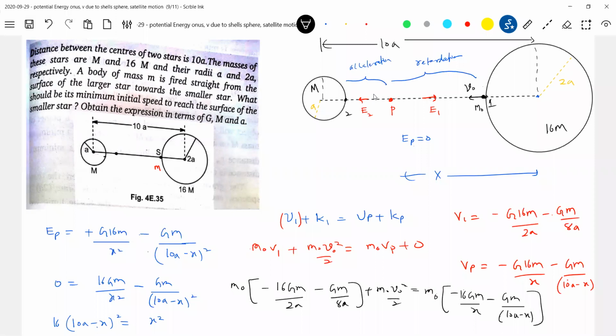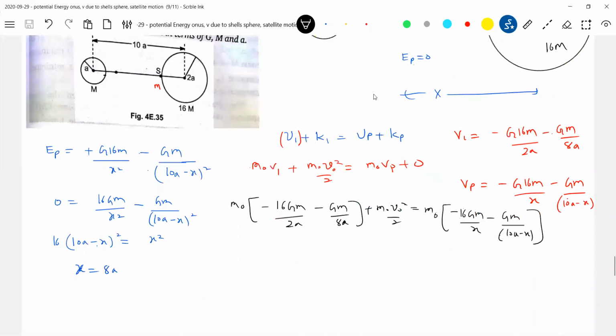I'll give the answer later on, you check it. So there's a use of that potential what we learned. See, my purpose is like the potential what all we learned now is going to help us a lot in problems of this kind. I'll write the answer later on, you check it. 2GM by a.